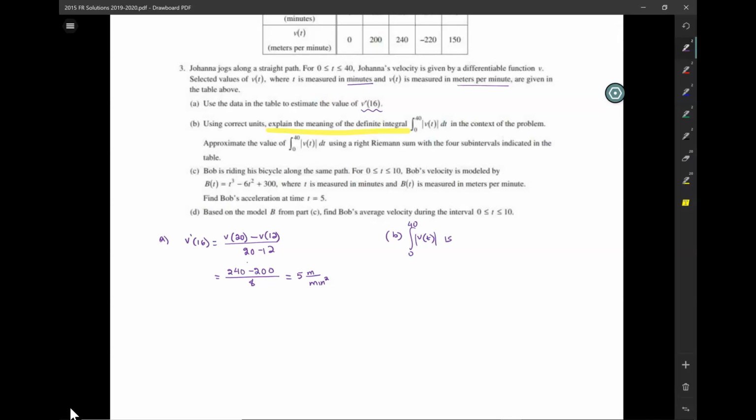It's the total distance Johanna has traveled in 40 minutes. Now it says using correct units. So it's the total distance in meters Johanna traveled.